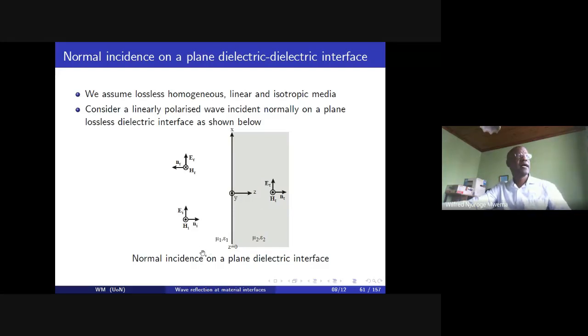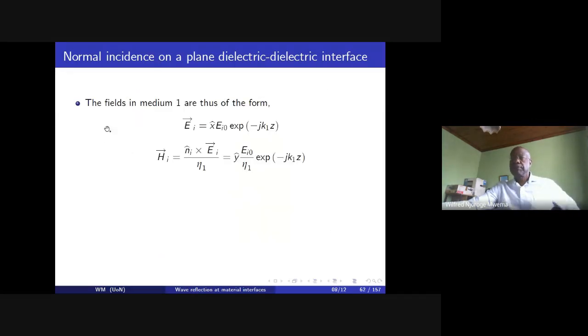So the media are characterized by sigma equal to 0, and we have the constitutive parameters mu1 epsilon 1 and mu2 epsilon 2 respectively. Reflections at interfaces is more like an accountant that is trying to do bookkeeping, where we are trying to keep the two sides balanced.